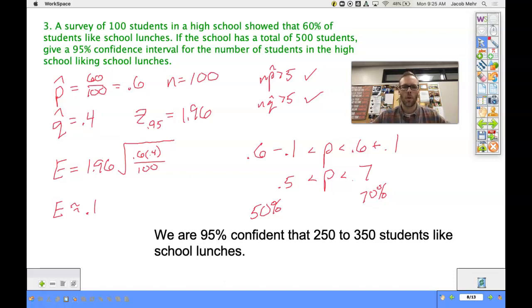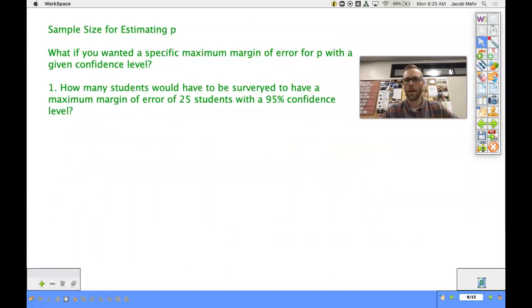Okay. So I'm going to switch it up a little bit and ask, what's the minimum sample size to have a maximum error? We've already done this a little bit before, where we figure out what n needs to be.